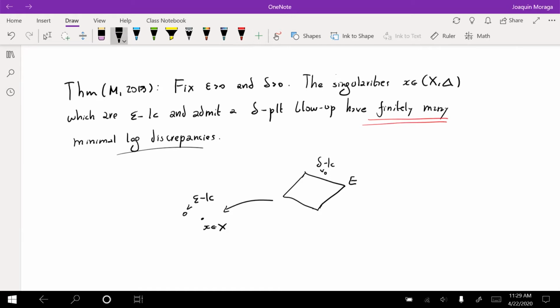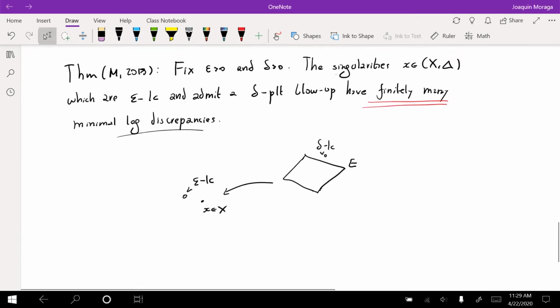So for instance, a non-example of this theorem are A_n singularities. Those have minimal log discrepancy 1, but the point here is that they don't admit delta Plt blow-ups.